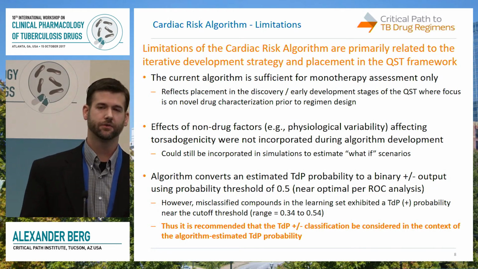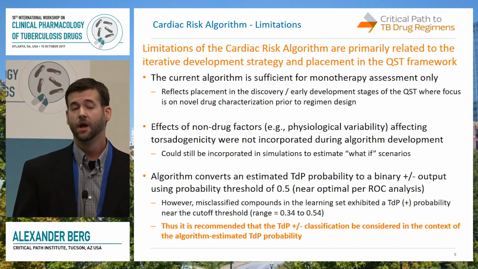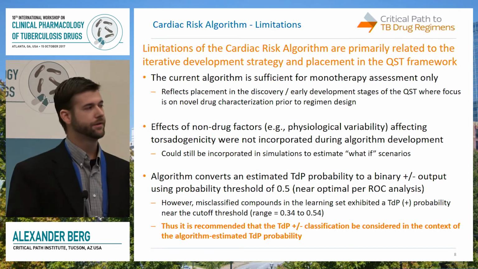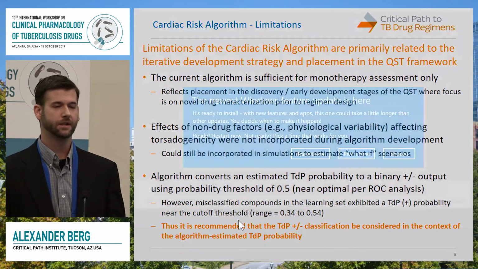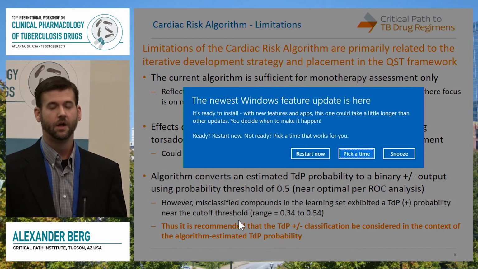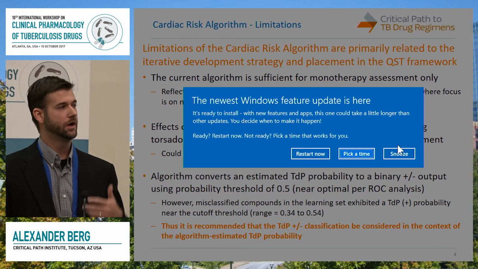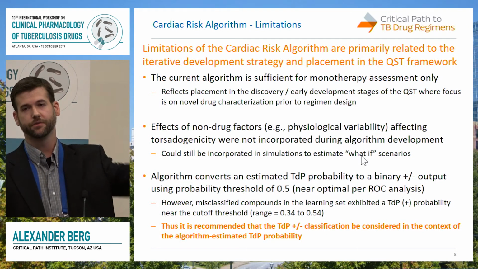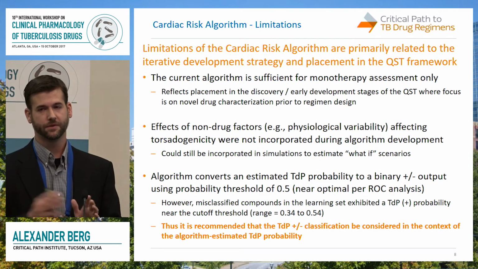Another consideration with this algorithm is that it converts an estimated probability into a binary classification. But what we saw with this conversion was that drugs that were misclassified for TDP positive or negative were actually within the range of 0.34 to 0.54 as far as the estimated probability.